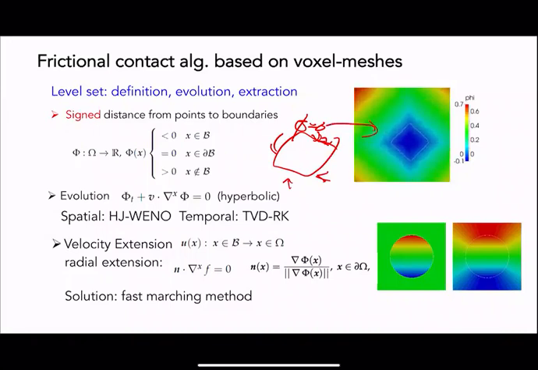If you want to impose a rigid body motion, what we need to do is to evolve the level set values at the boundary and go through a process called velocity extension that allows us to extend the known boundary movement into the entire level set, so we can represent the movement of the individual displacement.